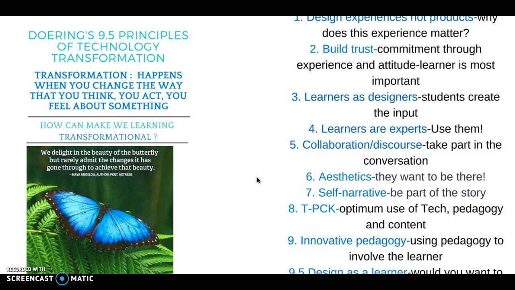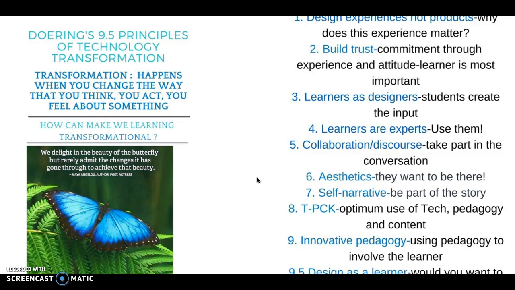And I think that's very true because there are many sites and many courses that are just not appealing, and we leave because they're physically not appealing. He talks about TPACK, innovative pedagogy. So we have to use pedagogy really to involve the learner, and this again goes back to the part about transformational learning and really having a deep impact on the learner.